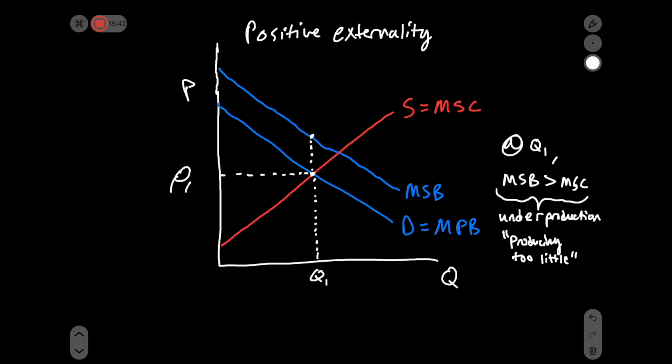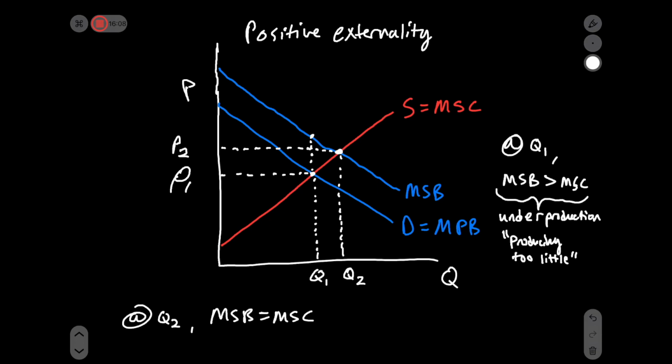Here, we would prefer to have the market at this efficient point, Q2 and P2, because at Q2, the marginal social benefits of buying and selling this good equal the marginal social costs.